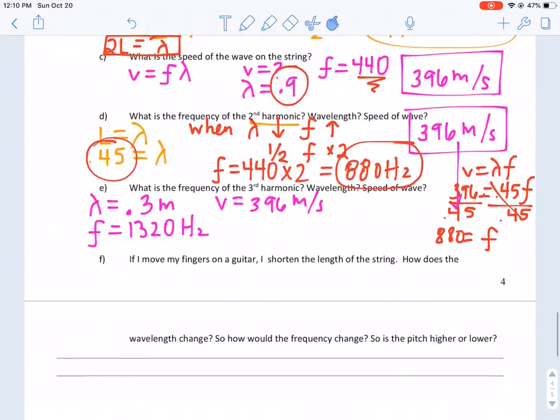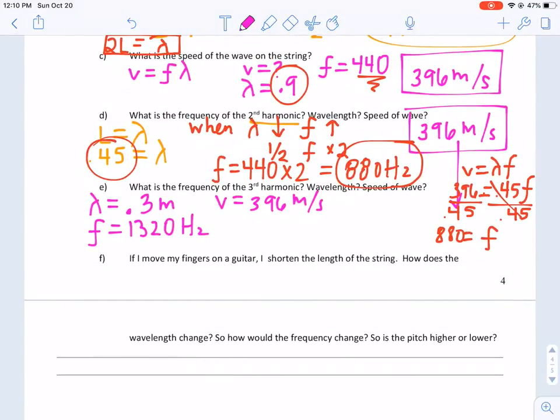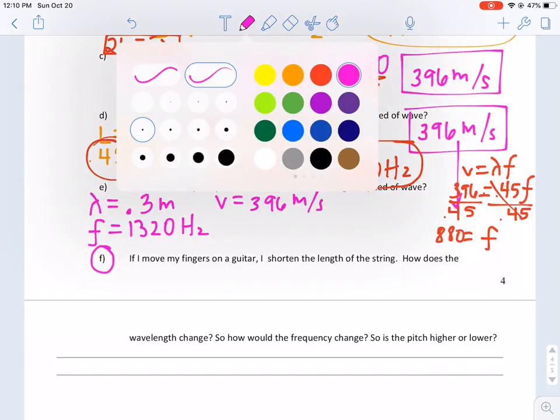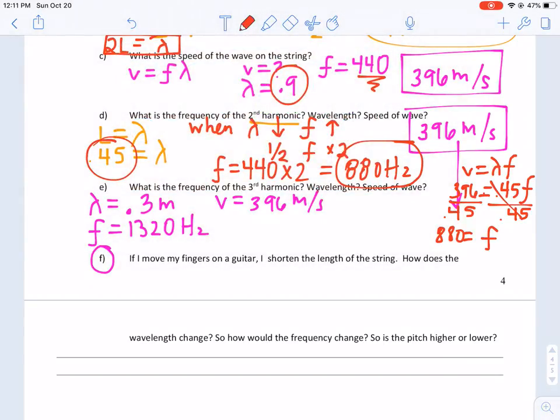Now, this is where it really starts to get fun, and this is really where your lab will get into. If I move my fingers on a guitar, I shorten the length of the string. How does the wavelength change? Now, if you think about this, we're kind of shortening the length, but honestly, it's more like we're adding a node where you put your fingers, a non-moving part.